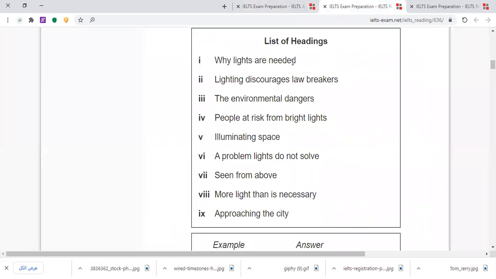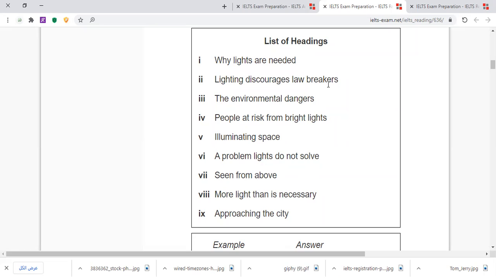So number 1 is not with us. Number 2, lighting discourages lawbreakers. Is this the heading of paragraph D? Are you sure?